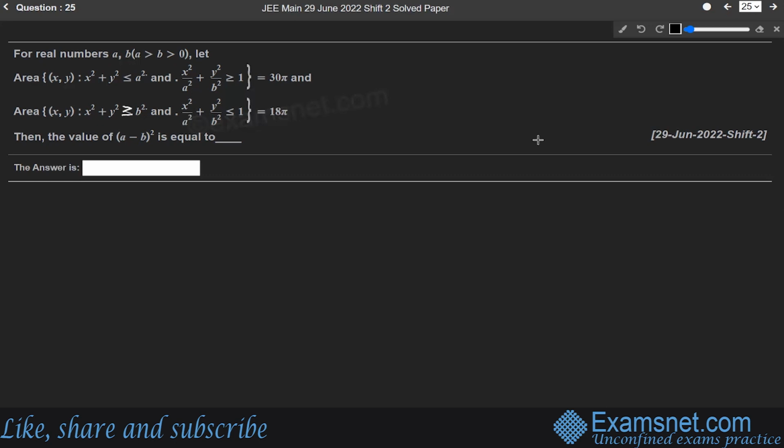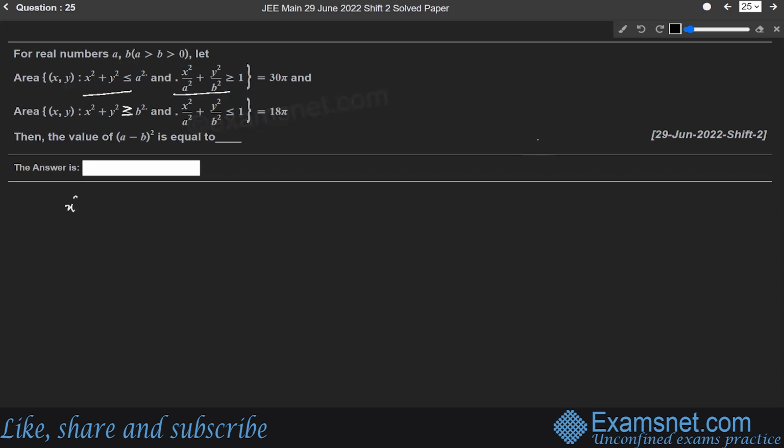It is a very interesting question. Here two different cases are given, and for both the cases the value of area is given, which is 30 pi and 18 pi. So firstly, let us talk about the first case. What is the first case? In the first case, we have two different forms of equations.